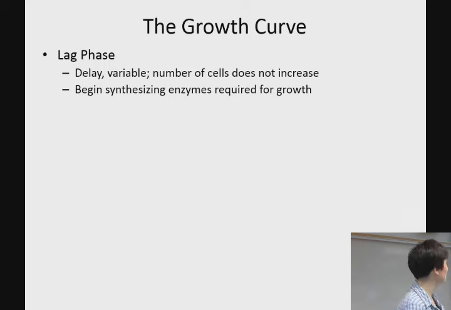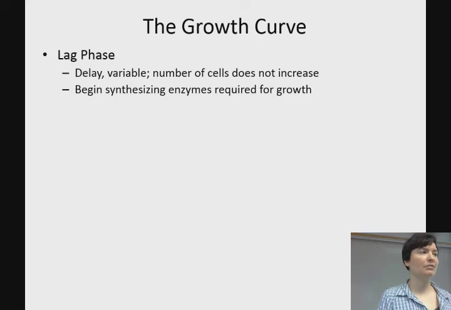So let's look at each of these phases. Lag phase was the first flat part of that line, where we put some cells into a fresh environment with lots of food, perfect temperature. They should be very happy, and yet they don't actually double for a while. The number of cells does not increase. And that is because they have to adapt to their new environment, right?